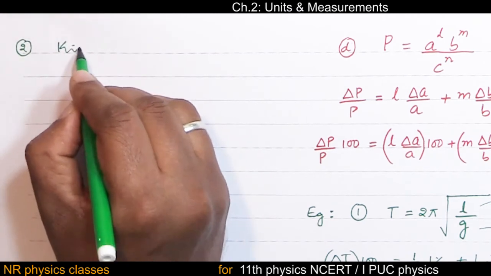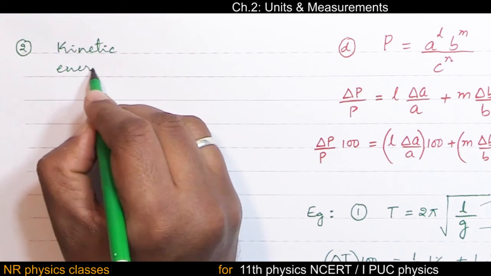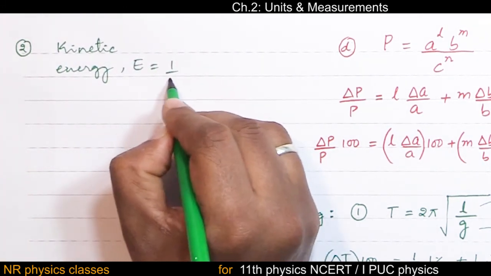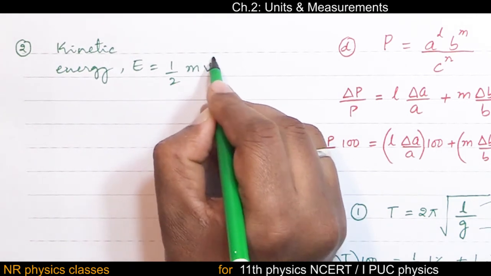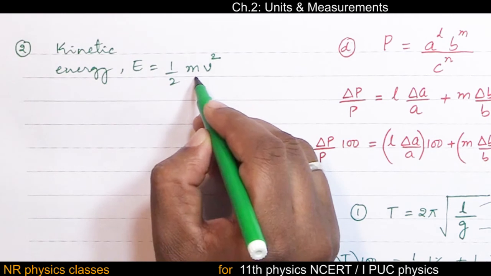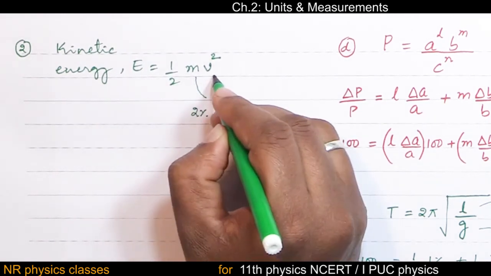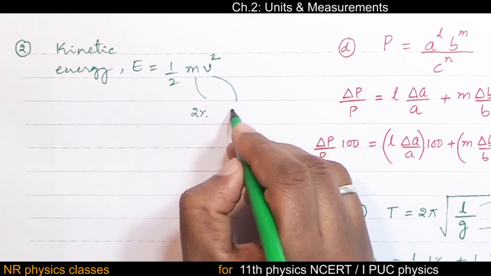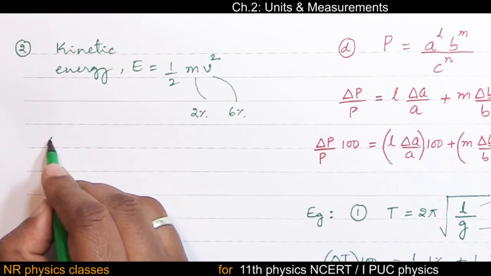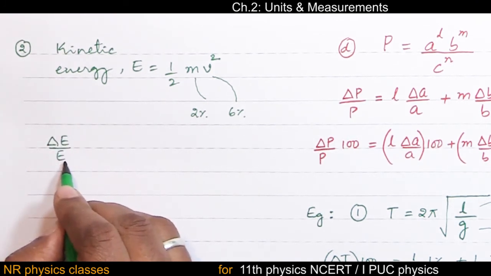Kinetic energy, denoted by E, equal to half mv square. The percentage error in the measurement of mass is 2. The percentage error in the measurement of velocity is 6. What is the percentage error in the measurement of kinetic energy?